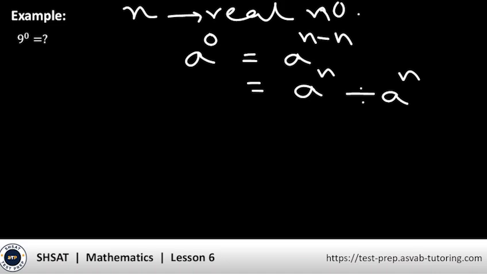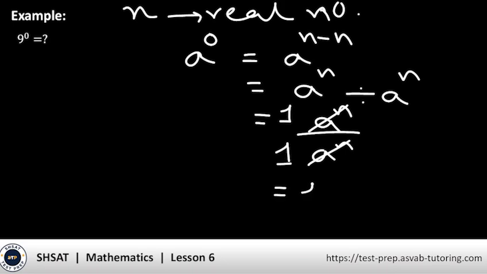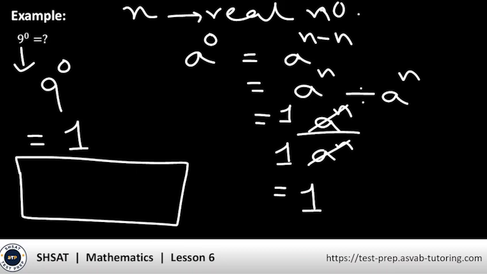So n minus n came from n divided by n, and basic algebra tells us that the answer is going to be 1 because canceling it out gives me 1. So even if we consider n to the power 0, or anything to the power 0, it's always going to be 1. So here is another formula that you can keep in mind: a to the power 0, or anything to the power 0, is always 1.